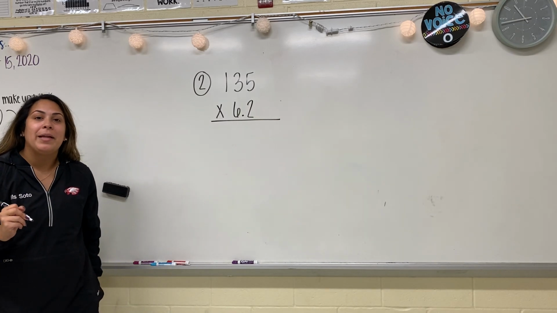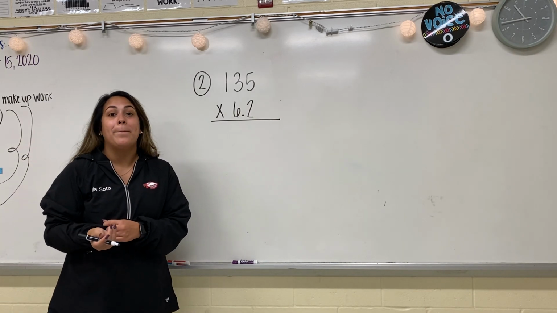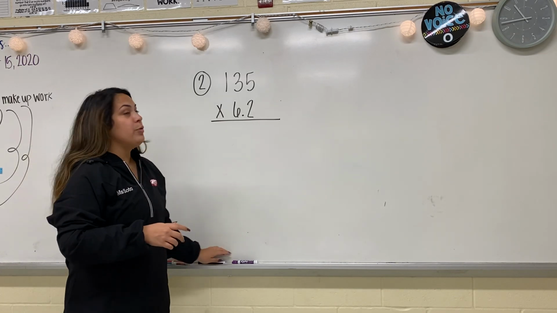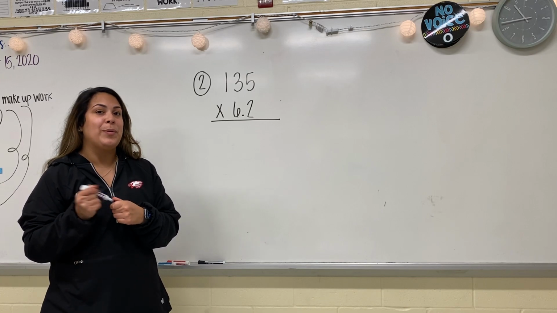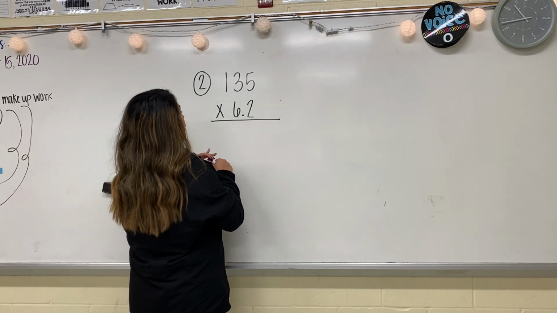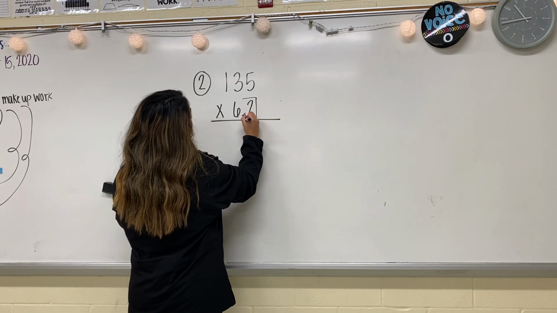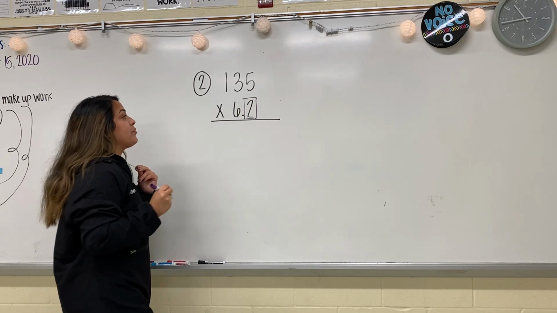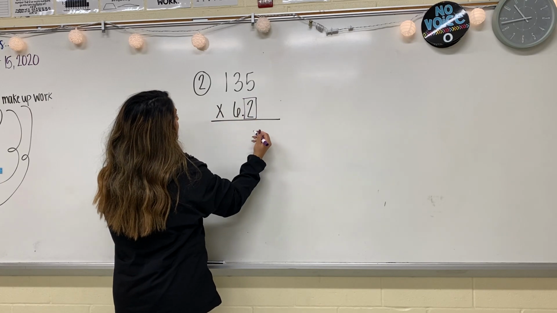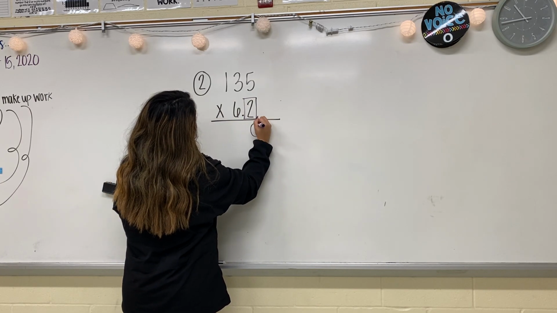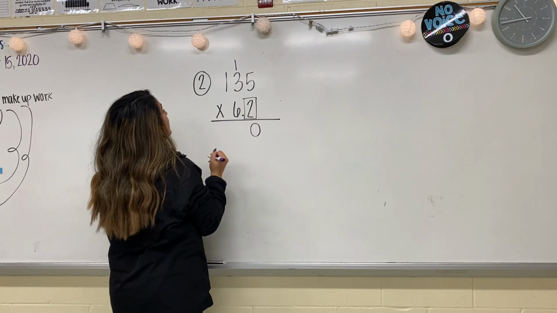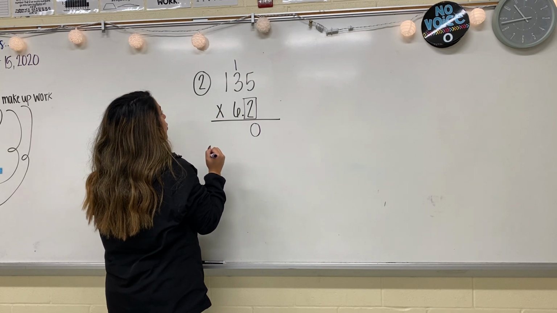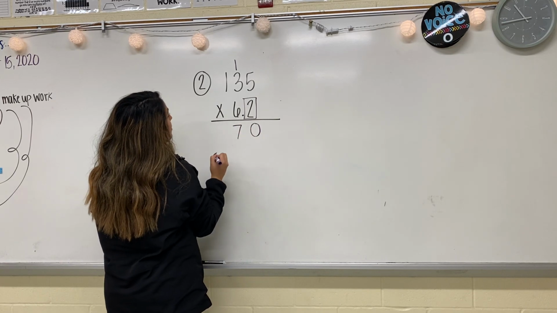Remember, I don't have to line up the decimal points when I am multiplying. I'm going to box the first number I'm going to multiply 135 by, so that's 2. And then now I'm just going to multiply. 5 times 2 is 10. I'll put my 0, carry my 1. 3 times 2 is 6. 6 plus 1 is 7.